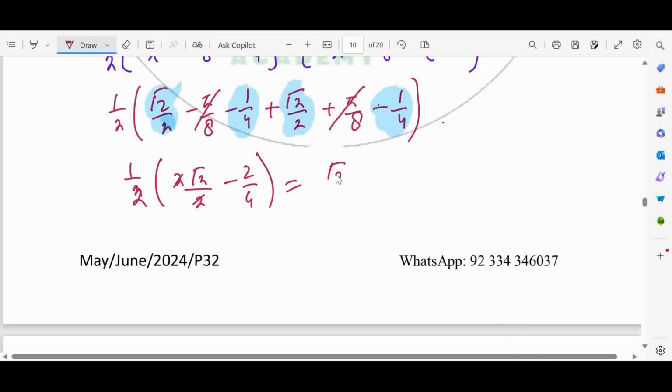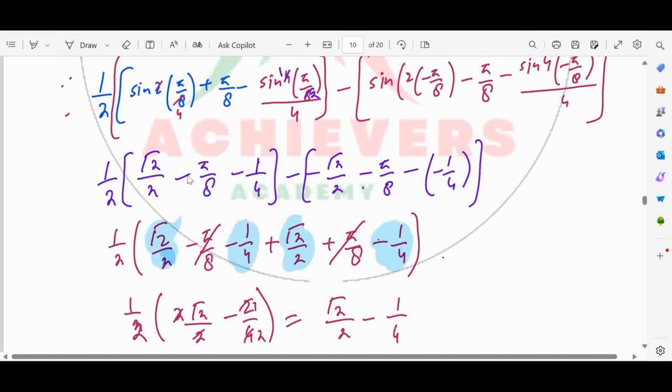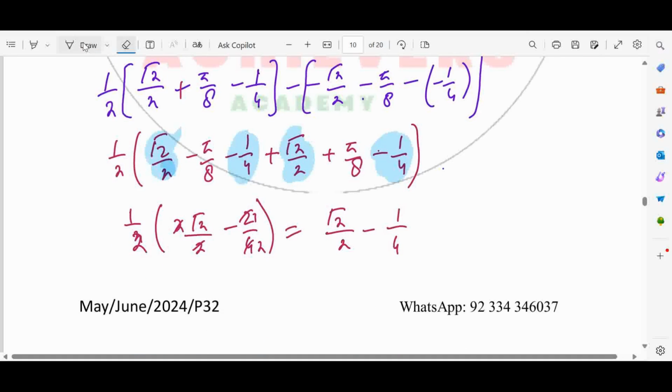This will be square root of 2 by 2 minus 1 by 4, because this one is 2 1s are, 2 2s are, and we have to multiply it. And there is a slight change, that this one is plus, and that is why we cannot cancel out these two. And if we add these two, this will be plus pi by 4. Yes, this will be the final answer.